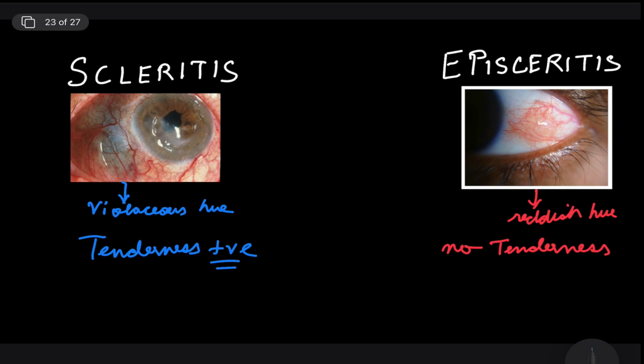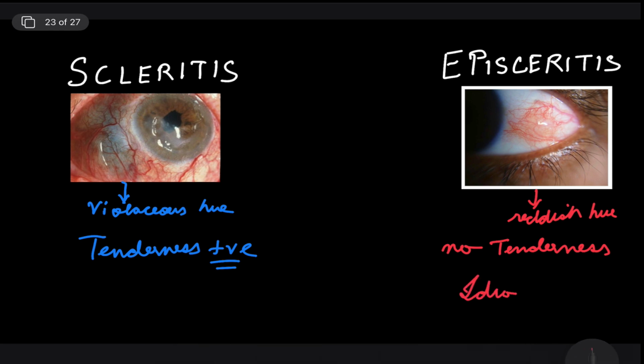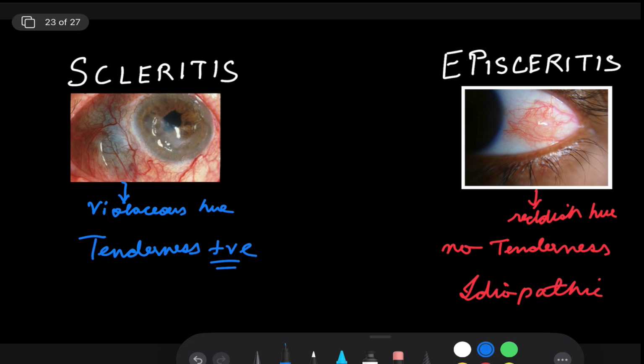Now, often episcleritis is idiopathic in nature. These are all differentiating points. Often idiopathic. Idiopathic means the cause is unknown. It is not associated with any other infection. It is often an isolated condition, or the cause is most often not known. However, scleritis is a much more complicated, or rather much more grim ordeal. Why?